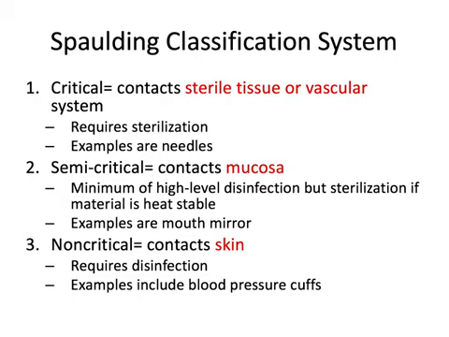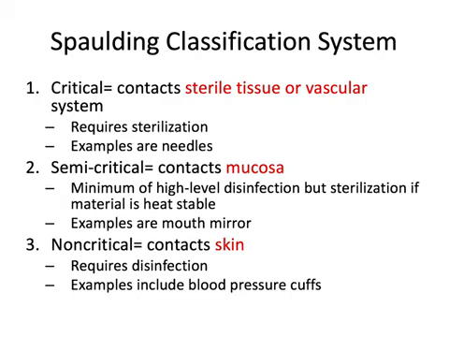All right, and lastly we have the Spalding classification system. And so this is denoted into three categories: critical, semi-critical, and non-critical. So a critical object or instrument is one that contacts sterile tissue or the vascular system.